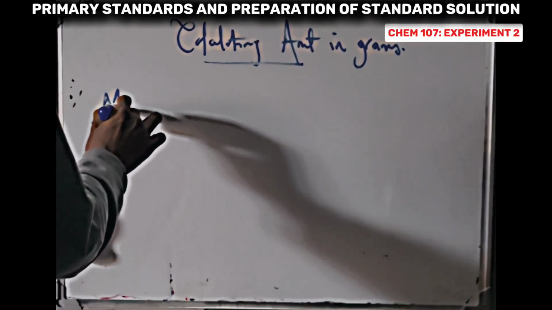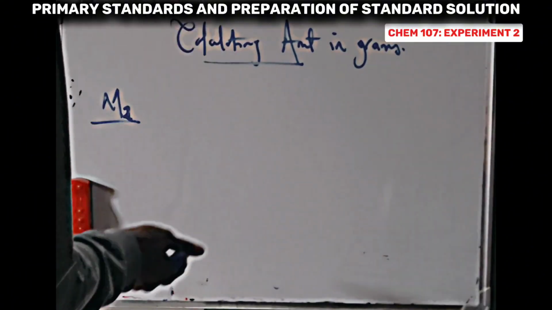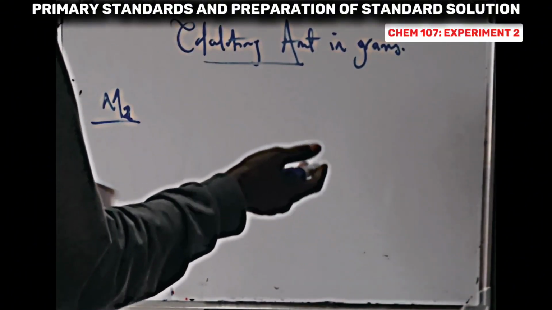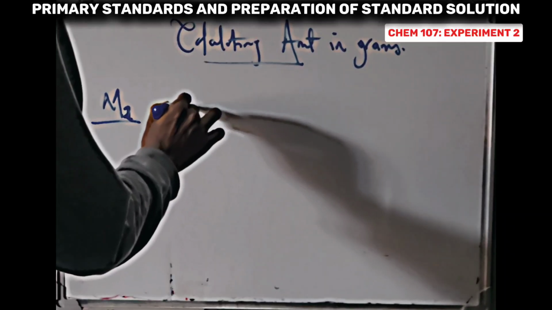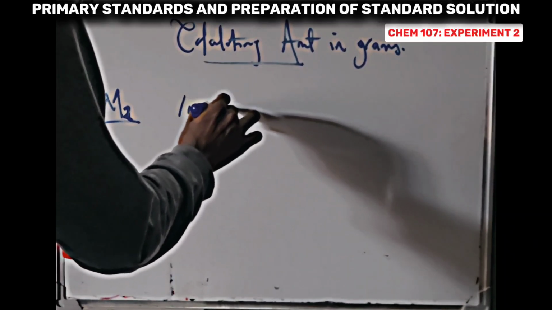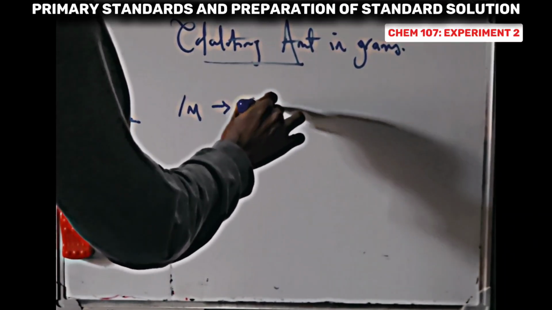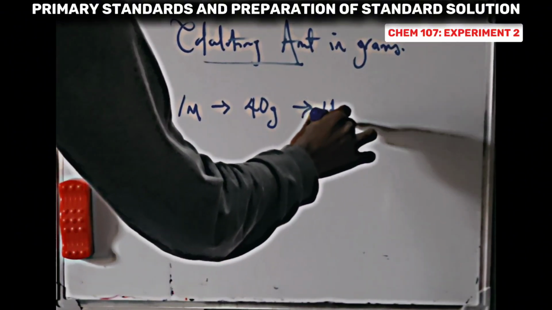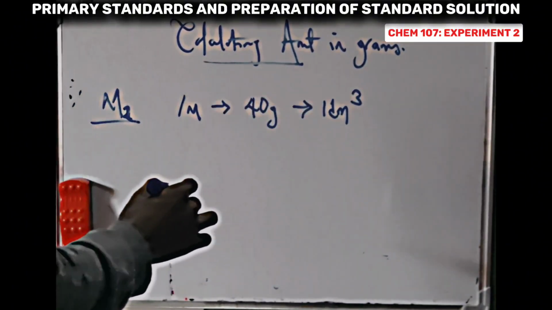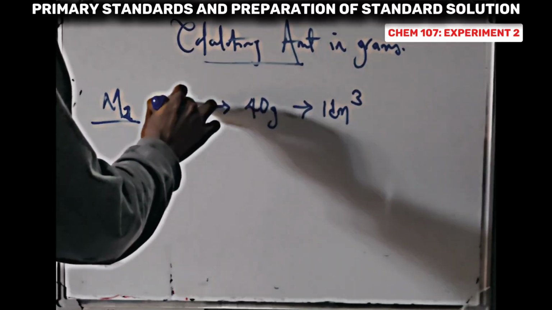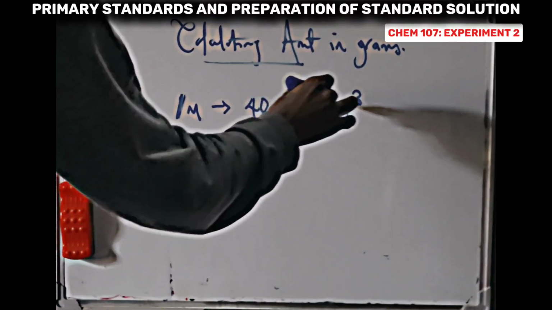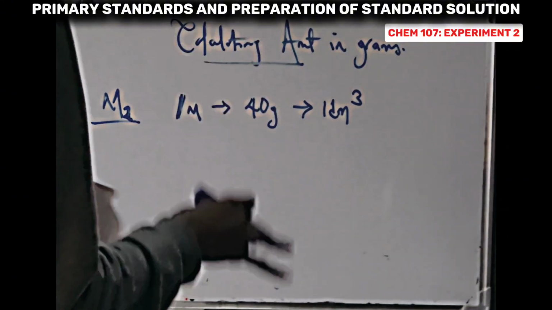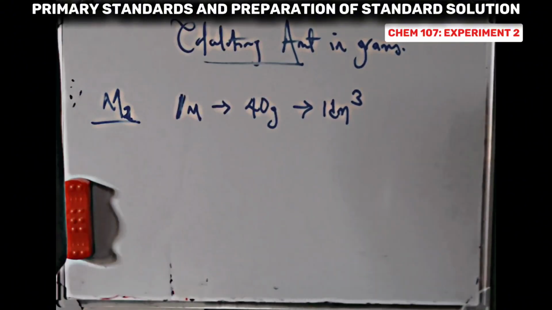Method 2, you have to start from the basics. Since we are talking about sodium hydroxide, 1 molar concentration of any substance is the molar mass of that substance in 1 dm cube. This is the relationship. Now, the question says 0.25 molar.